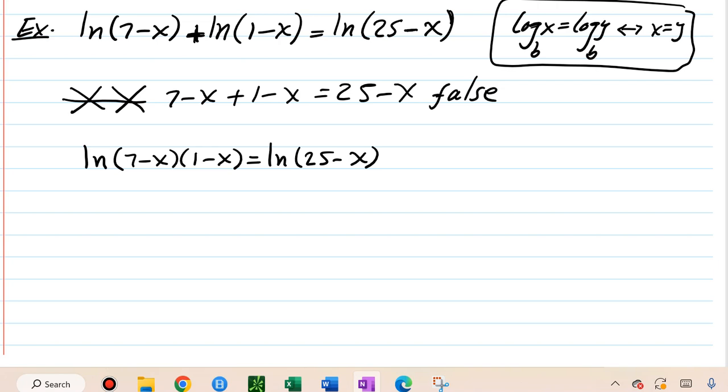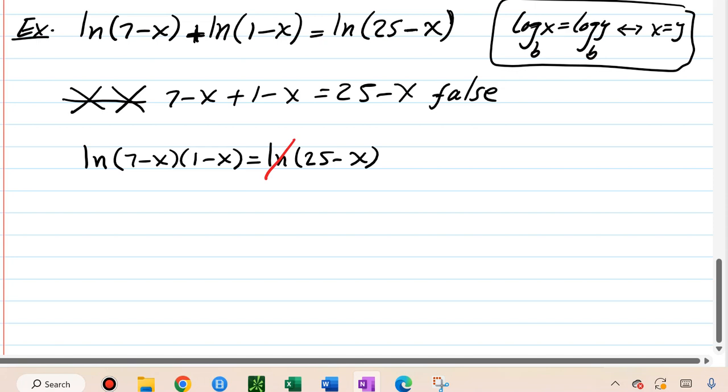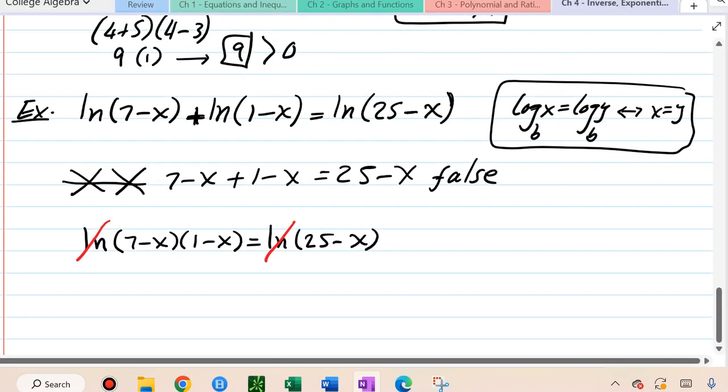Okay. Now, at this point, and only this point, we can actually drop the logs, if you will. We can cancel the logs. See, I can do that. And then just equate the left side, whatever that is, to the right side.